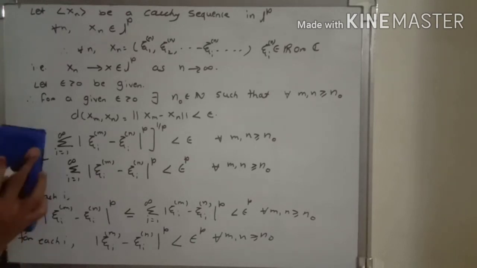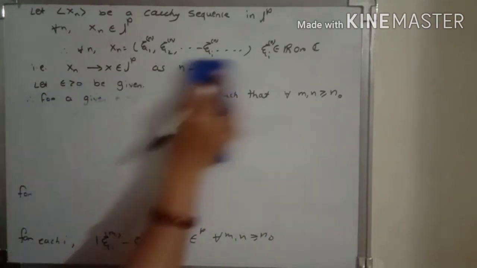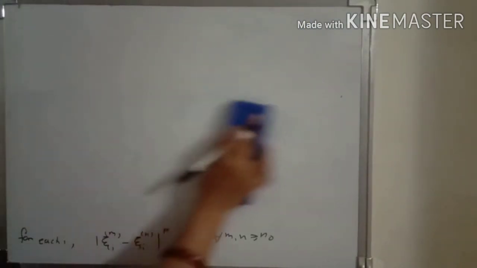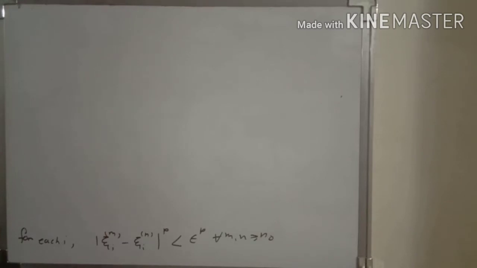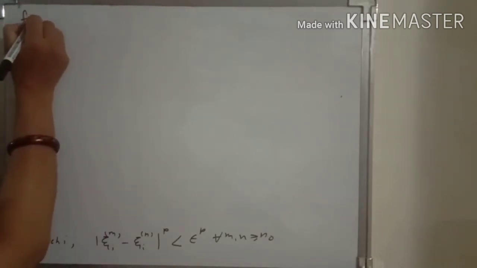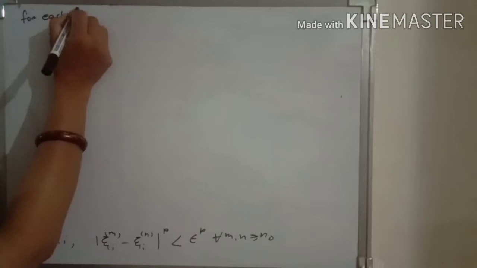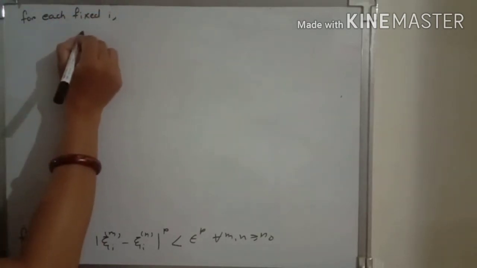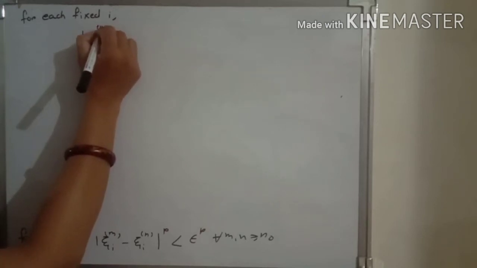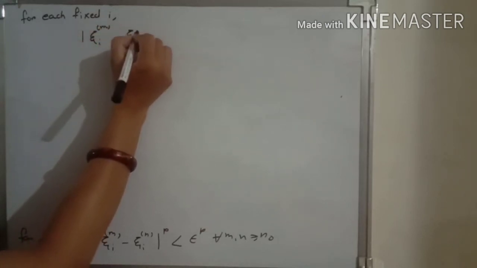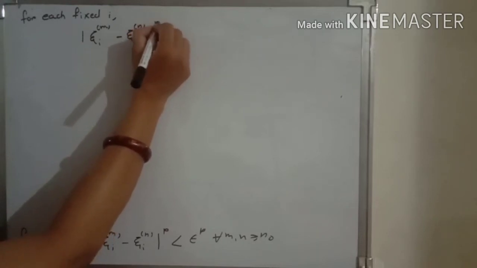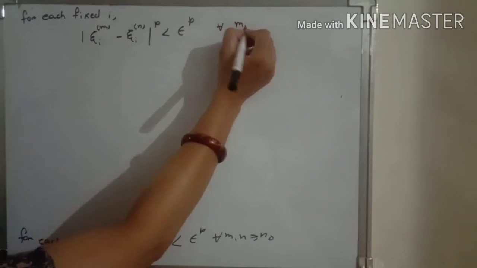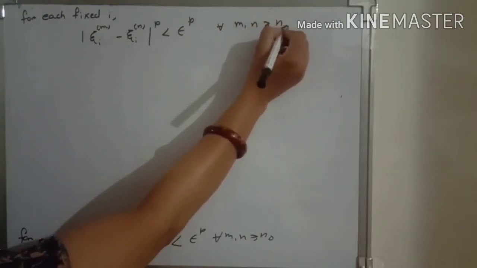This implies that for each fixed i, mod of xi im minus xi in to the power p is lesser than epsilon to the power p for all m, n greater than or equal to n naught.